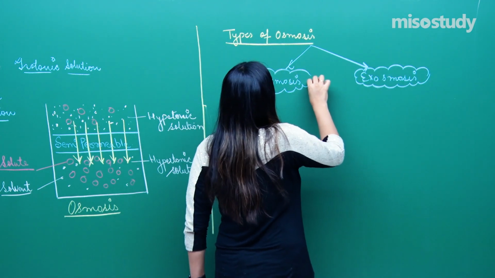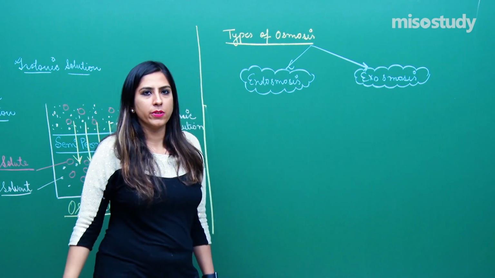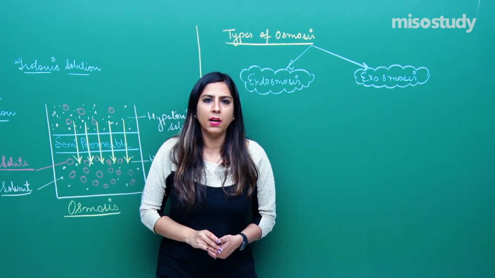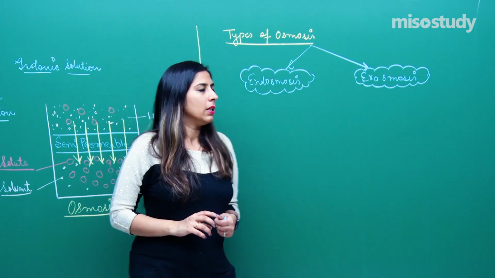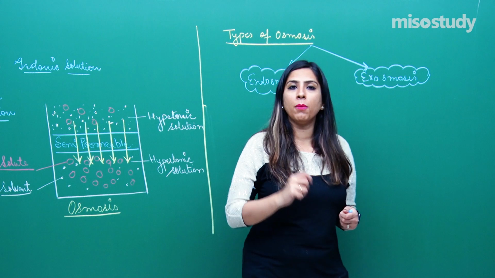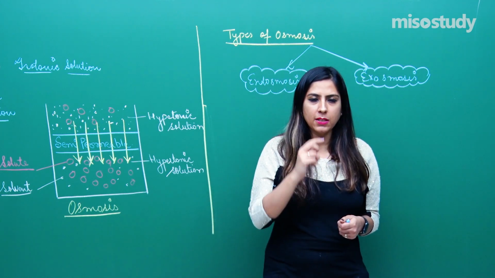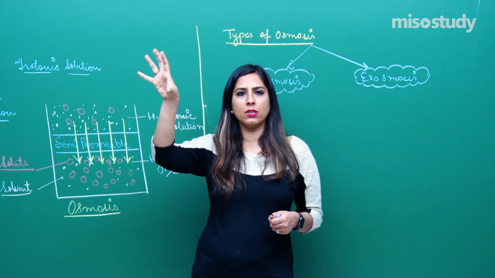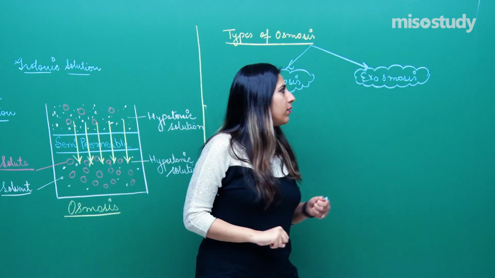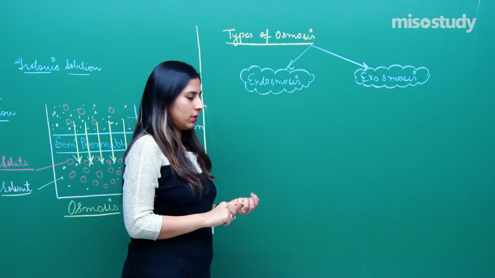As the name indicates, endoosmosis means suppose a cell is placed in a medium, in water. Now, what will happen? There will be a movement of the water. From where? From outside to inside. That means from the region of higher concentration of water to the region of lower concentration of water. This is what we call endoosmosis.